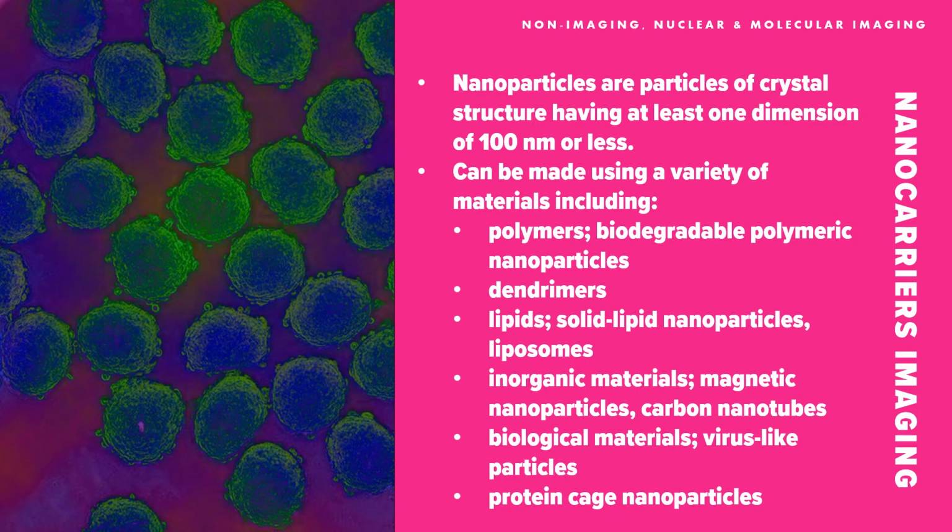You have nanocarriers made from inorganic materials, including carbon nanotubes and magnetic nanoparticles, or nanocarriers from biological materials such as virus-like particles. These are not considered viral vectors because they mimic the virus but are not a virus. We also have nanocarriers made from protein, for example from albumin.